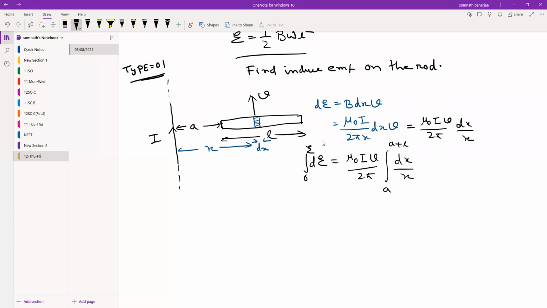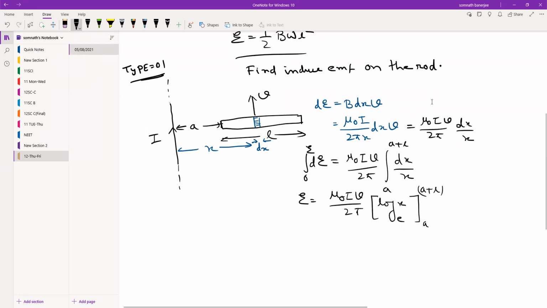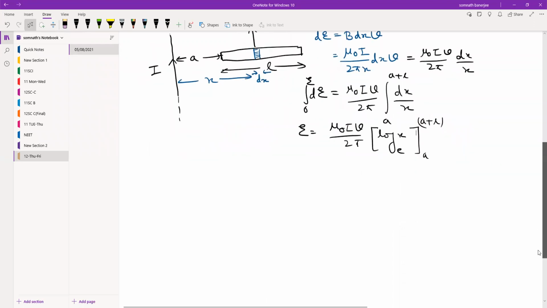Everyone, yes or no? Yes, sir. So my induced EMF is mu naught I V by 2 pi log x base e. This is very nice for numericals, but for theory, when you have some direction, it cannot show direction so nicely, especially for 3-dimensional direction.